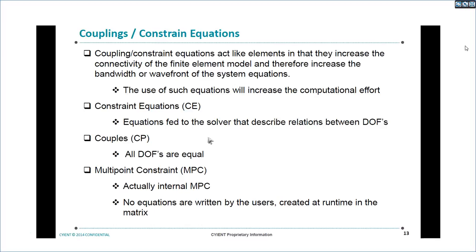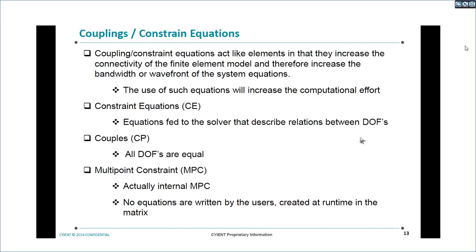Constraint equations fed to the solver describe relations between degrees of freedom. So in constraint equations, we can establish a relation, say between node 1 and node 2. That we'll discuss in upcoming slides, on how we can define the relations.